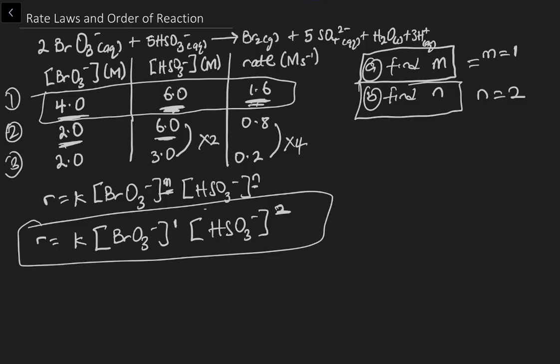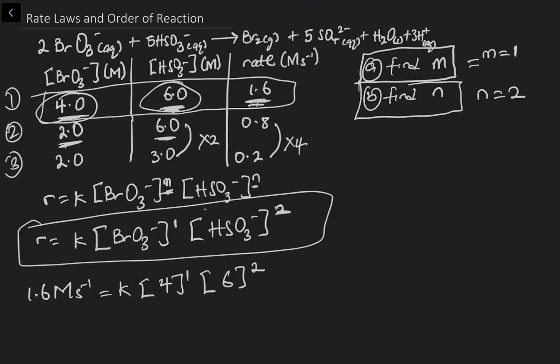So if the rate is 1.6 mole per second, K and BrO3 minus is 4 to the power 1. HSO3 minus is 6 to the power 2, right? Remember, this is molar concentration.